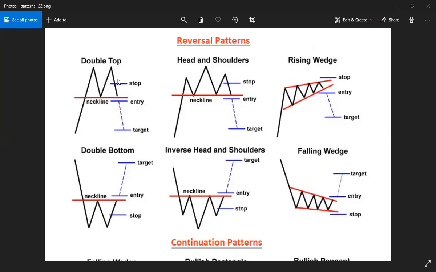It's a signal that the uptrend is about to come to an end. You can see the market goes and hits a top. Let me get my drawing tools. The market hits the top, which is this zone, comes back, gets to that zone and did not break it, giving you an M formation.